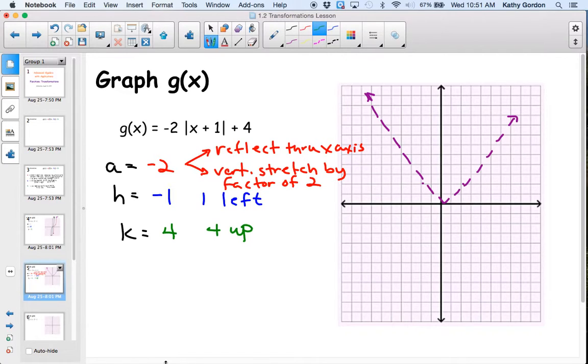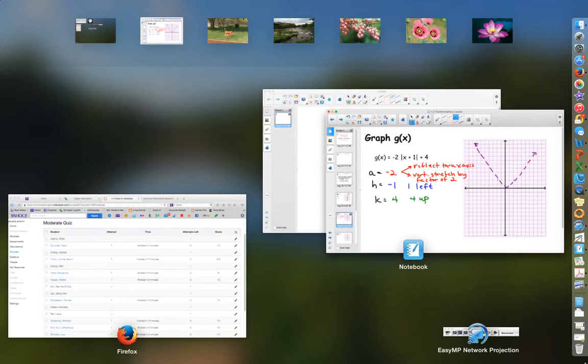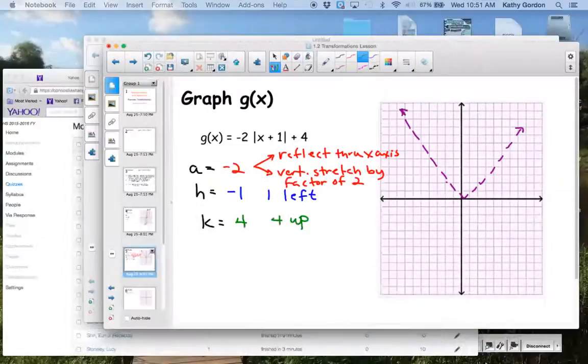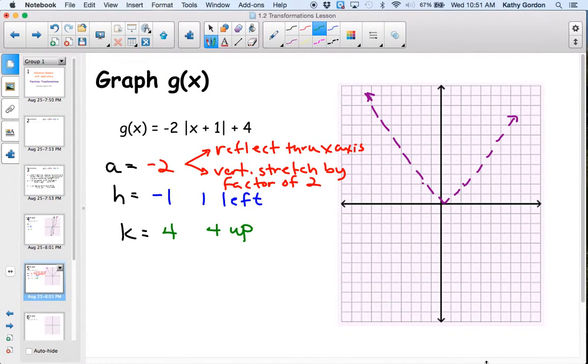Okay? So if I go through these in order, the first thing you need to realize is that we're going to have to reflect this.